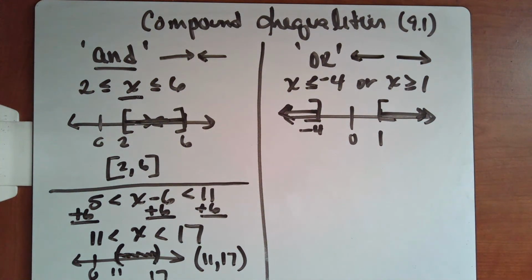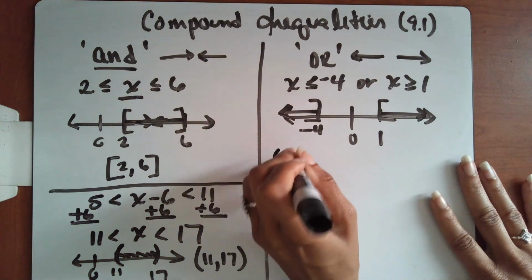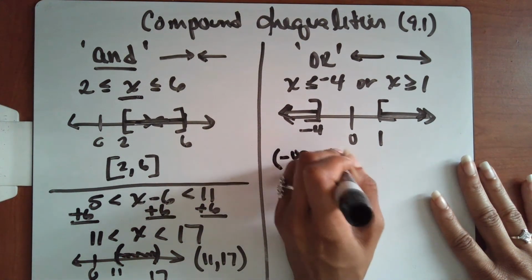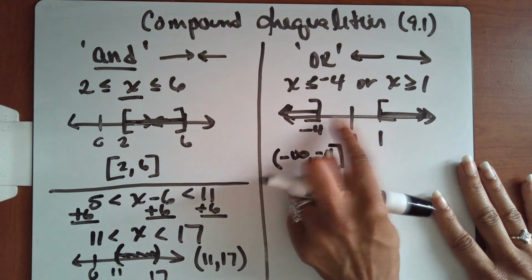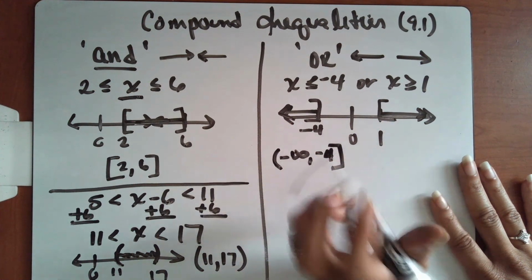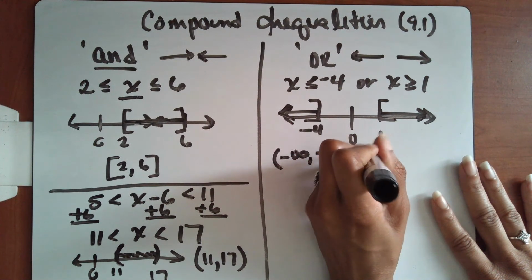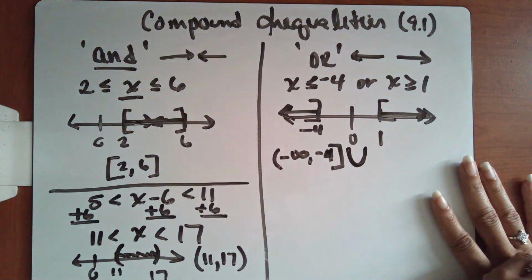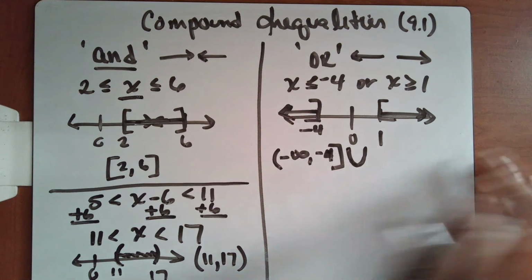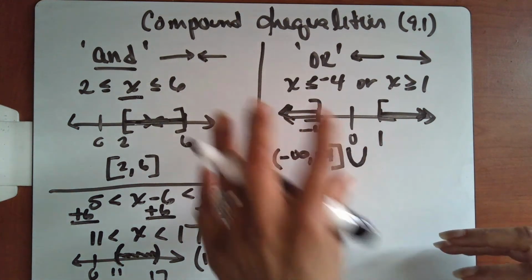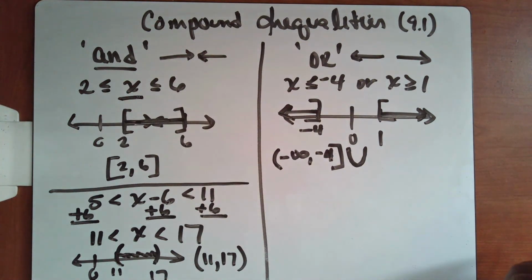So for our interval notation, remember we're reading what? Left to right. So we're looking at -infinity to -4 with a bracket. Then there's this gap in between. You're going to use what we call a union symbol. It's a U. It's uniting these two separate inequalities together.